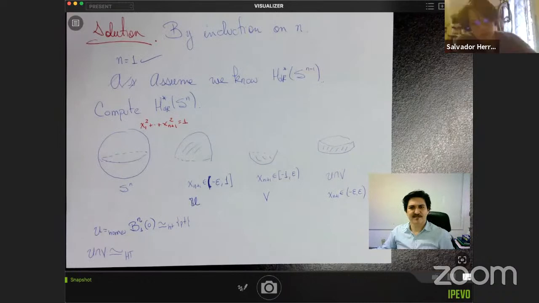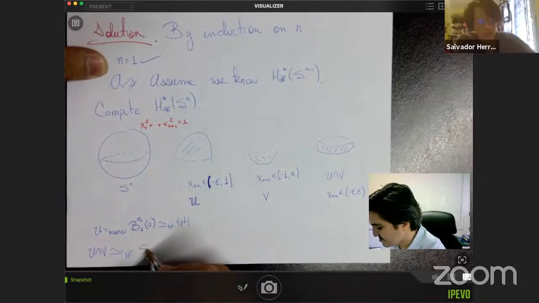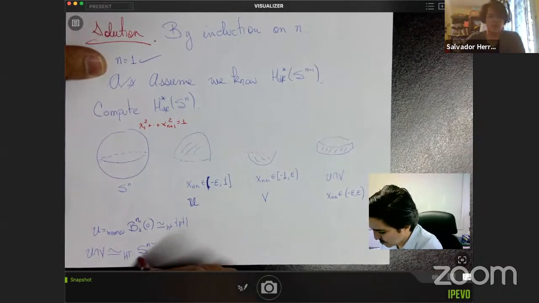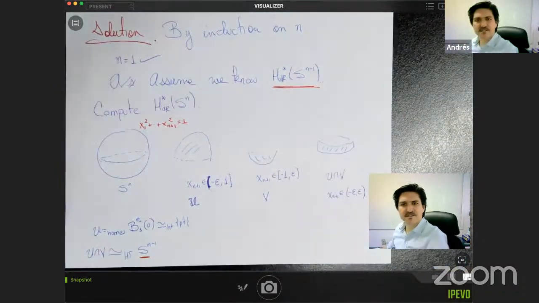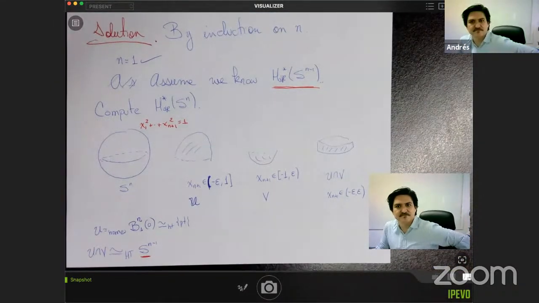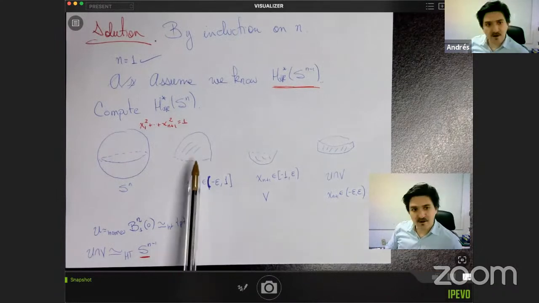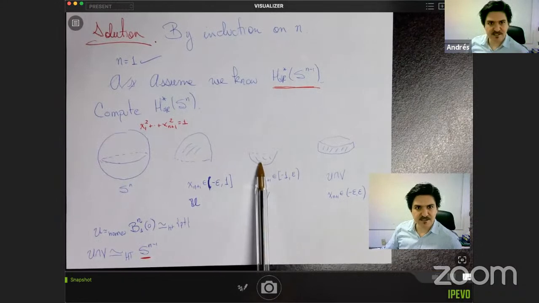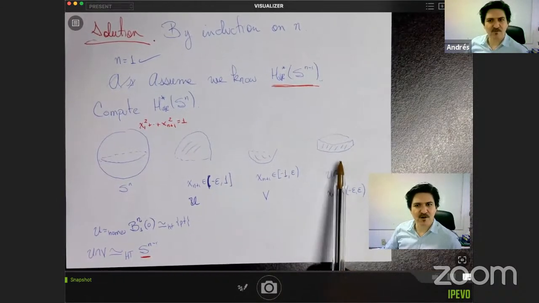Yeah, it can be shrunk into the smaller sphere, to the equator, which is Sn minus 1. So here is where we use the induction hypothesis. We know the cohomology of this, we know the cohomology of this, and by hypothesis, we also know the cohomology of this.